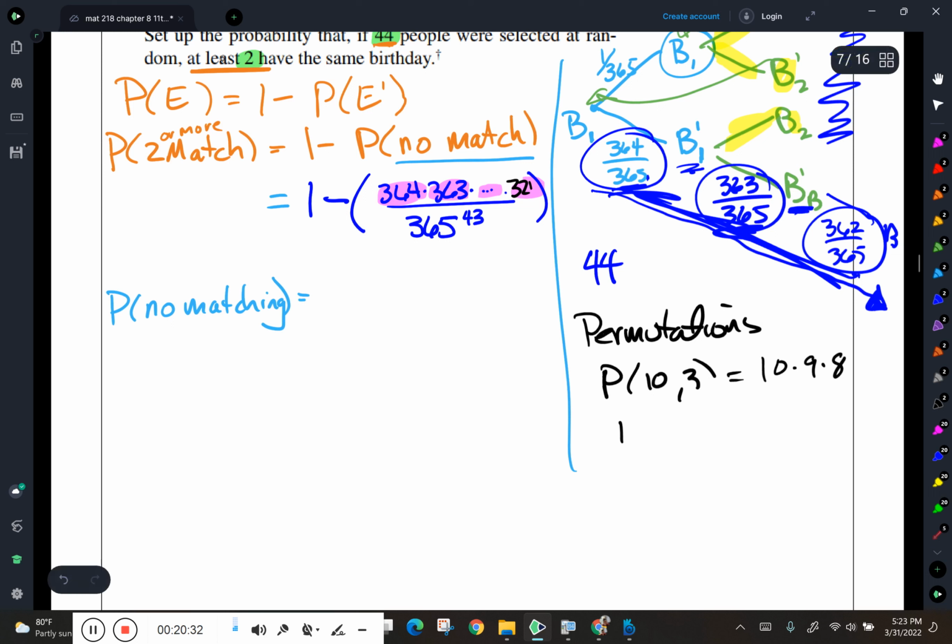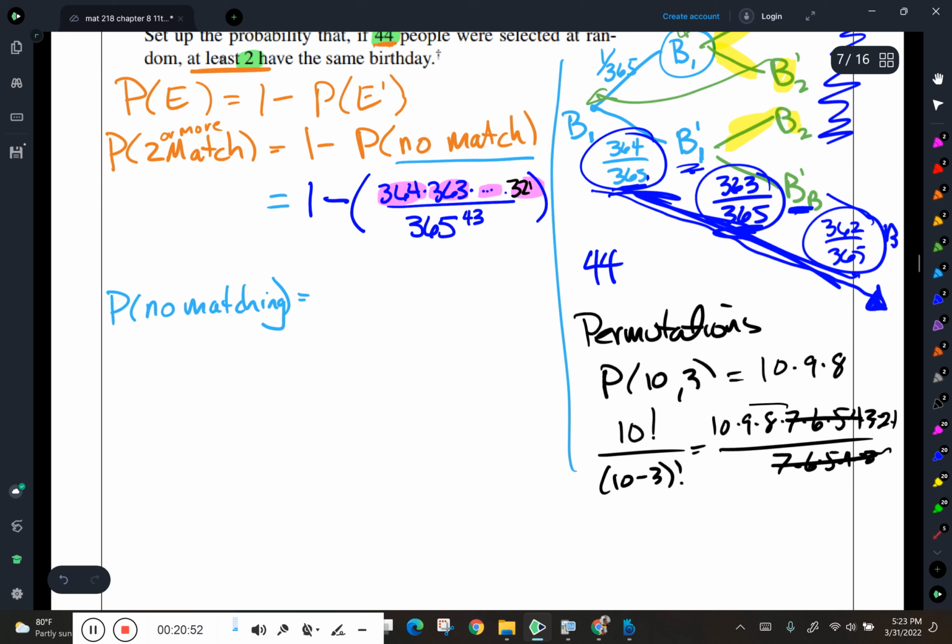The formula would say to do 10 factorial over (10 minus 3) factorial, which gave us 10 times 9 times 8 times 7 times 6 times 5 times 4 times 3 times 2 times 1, and then 7 times 6 times 5 times 4 times 3 times 2 times 1. And those would all cancel, and we would just get the 10, 9, 8. So that means that my numerator is P(364, 44). My denominator is 365 to the 43rd.